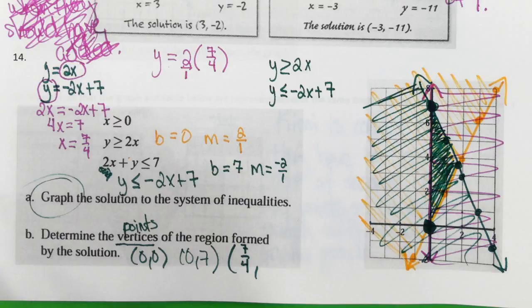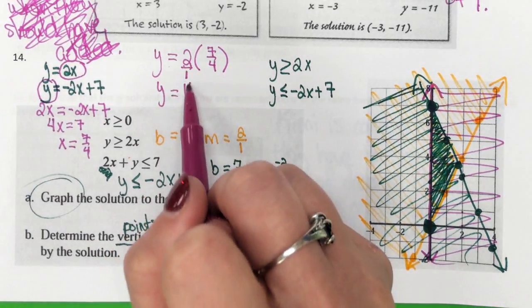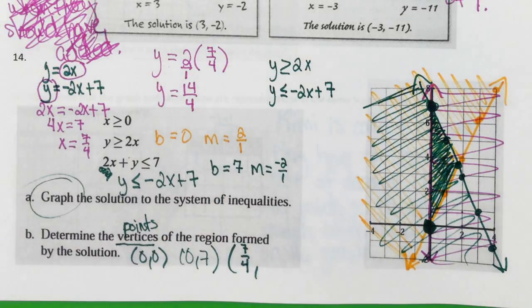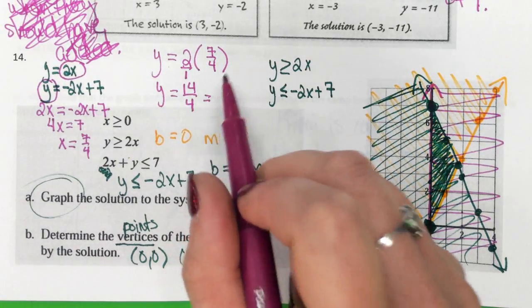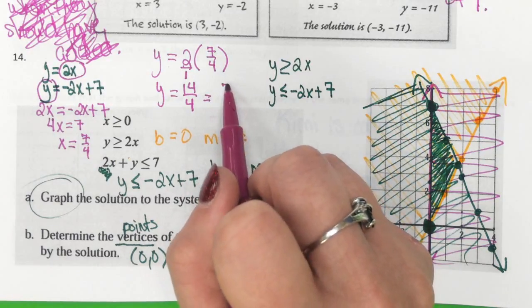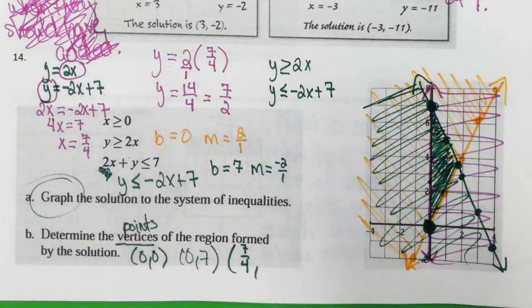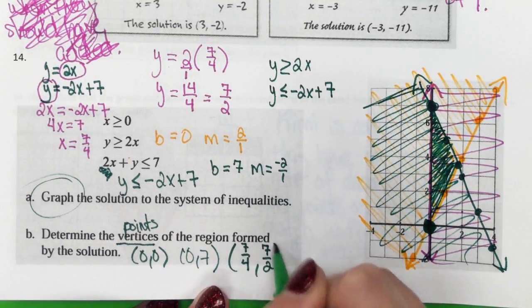Are y'all awake this morning? Come on, you better wake your happy selves up. 14 over 4 reduces. Oh, let's keep it a fraction for right now. 7 over 2. Yep. We could make those mixed numbers if we wanted to.